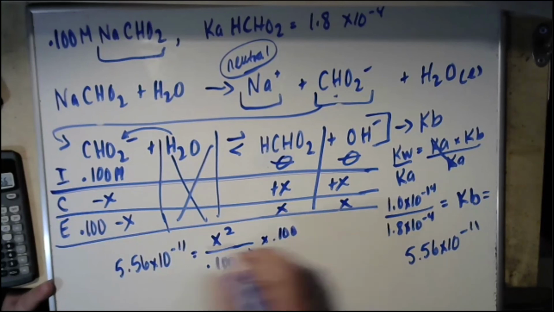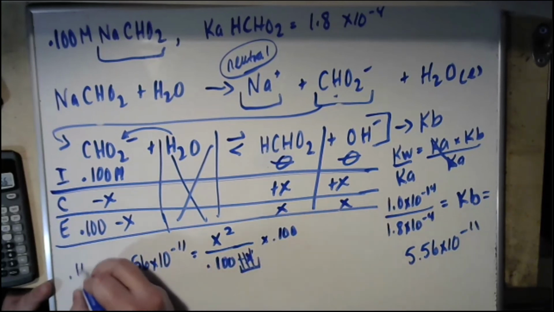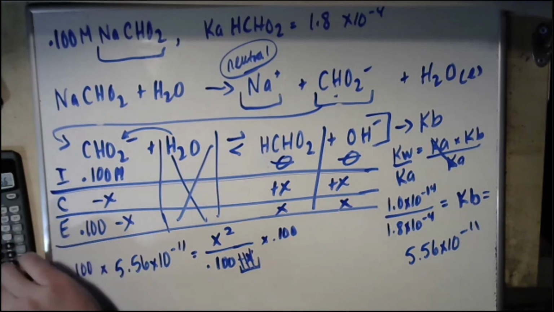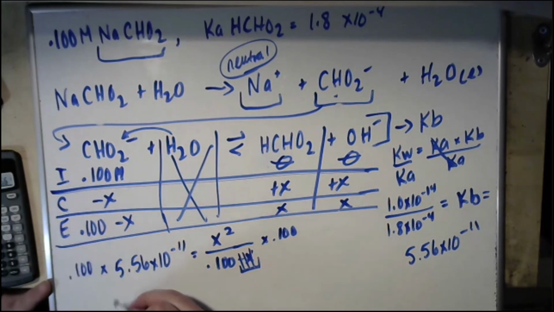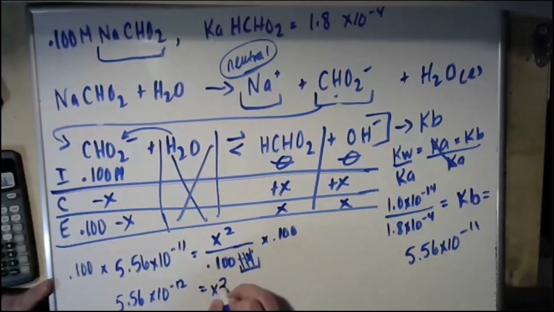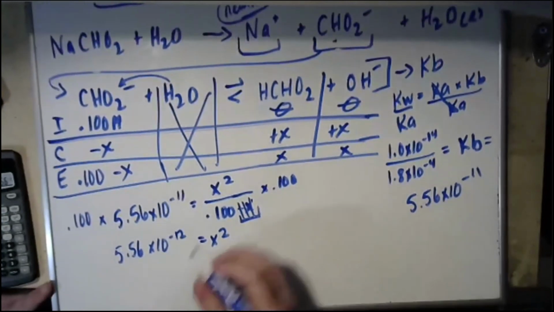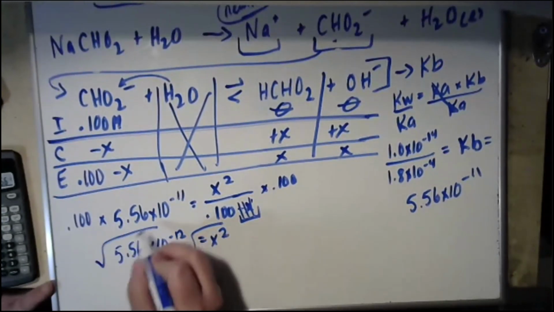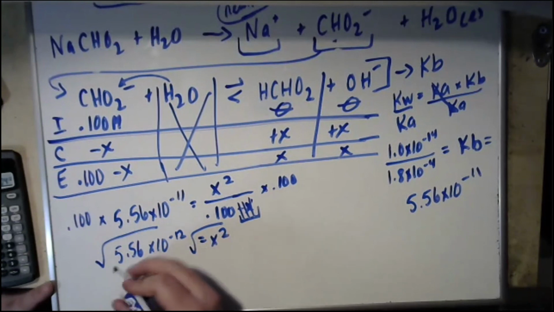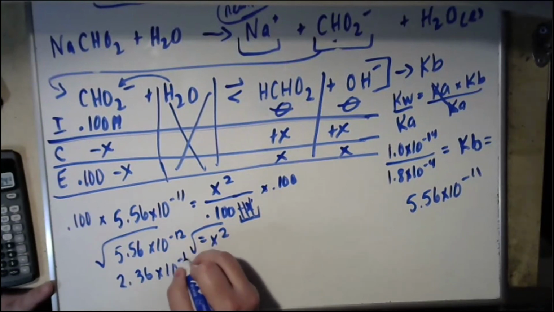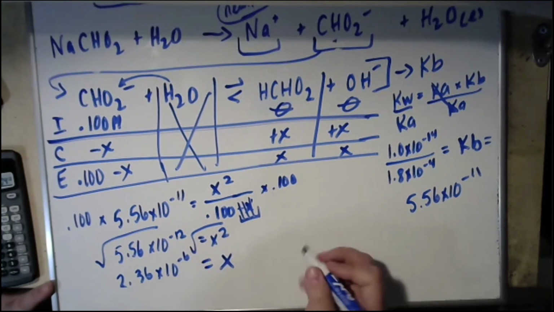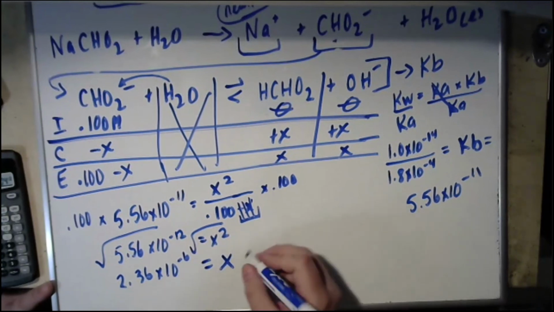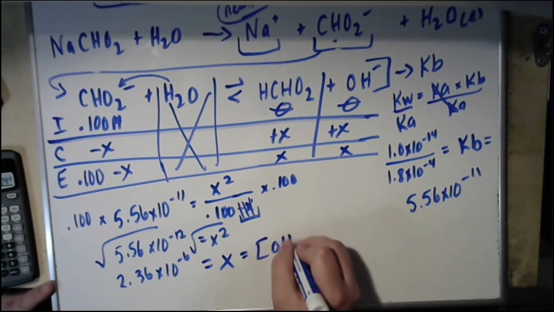And now I'm going to solve for x, just like we were doing before. I'll take the square root here. So I'm solving for x, and x, remember, is going to represent my hydroxide ion concentration.